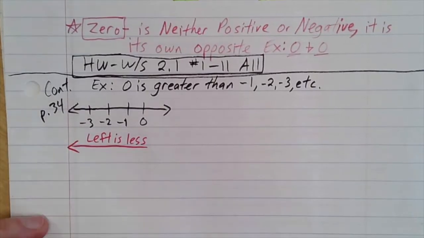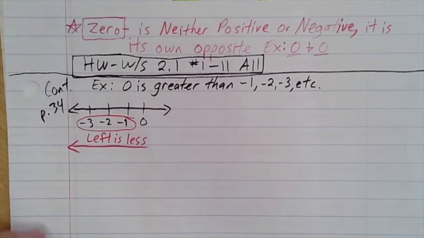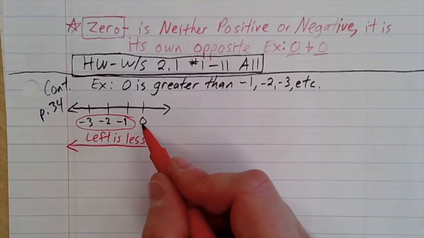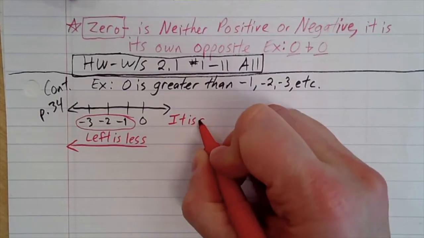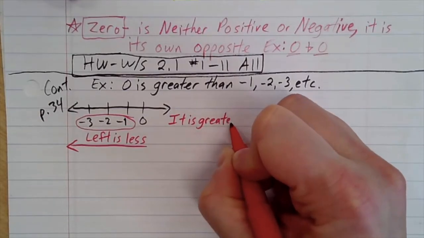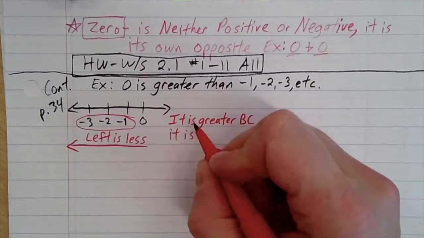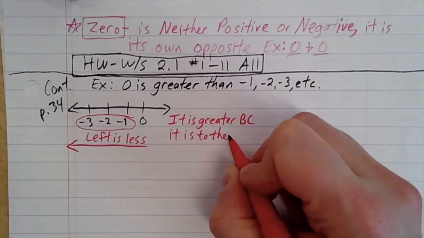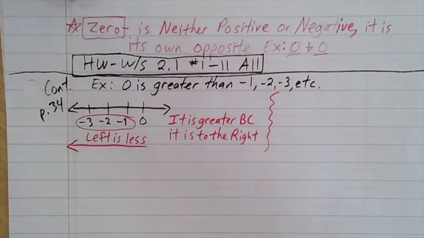All these numbers to the left are less than 0. So that means 0 is greater because it's to the right. So I'd like to write it is greater, and then BC in my notes means because it is to the right. And that's on a horizontal number line.